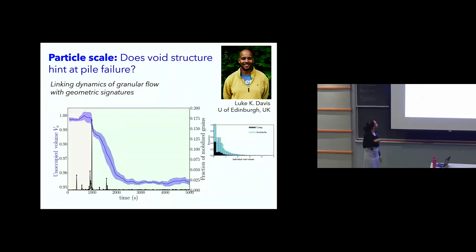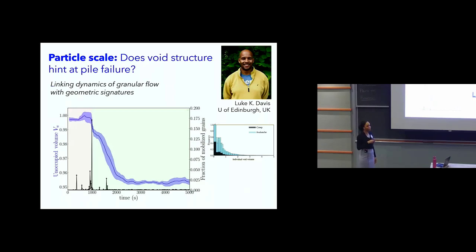And our initial results do show that there can be a signature in the geometry that's exposed by looking at properties of the voids. For example, we looked at the void unoccupied volume. This is like the void areas available to our system, and compared it to the fraction of grains that move during the experimental run.